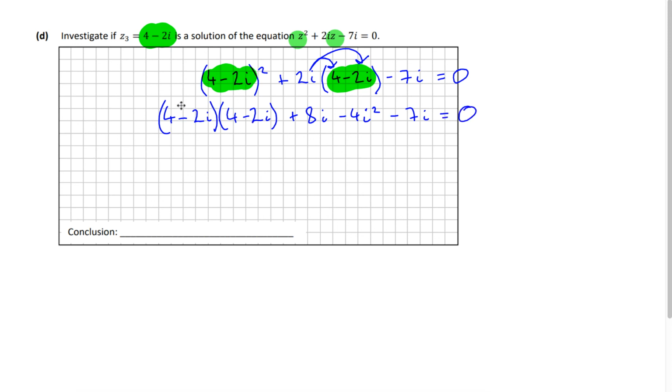So now we multiply out the brackets. 4 times 4 is 16. 4 times minus 2i is minus 8i. Minus 2i by 4 is minus 8i. And minus 2i multiplied by minus 2i, be careful with that one, is plus 4i squared. Plus 8i minus 4i squared. I'm just rewriting all that stuff on top.